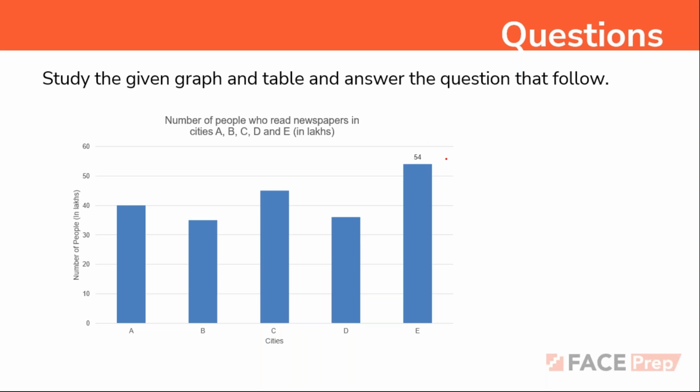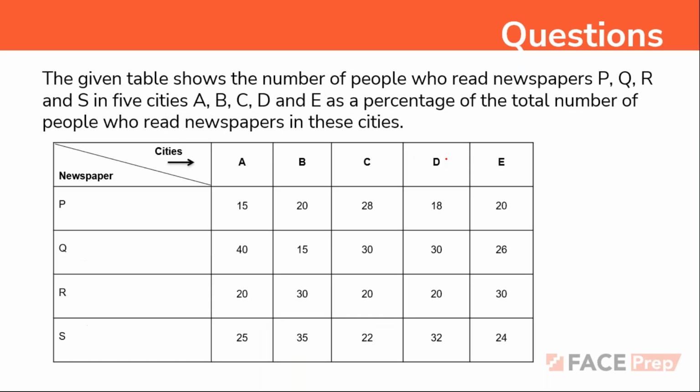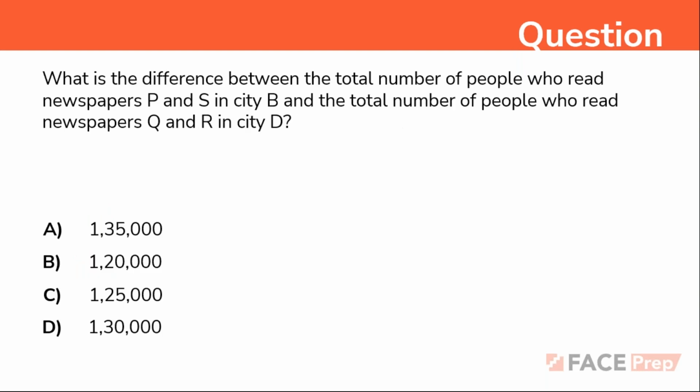So this is the next slide. Here, what does it represent is P is 15% of A. And Q is 40% of city A and 15% of city B. It represents a percentage for each cities.